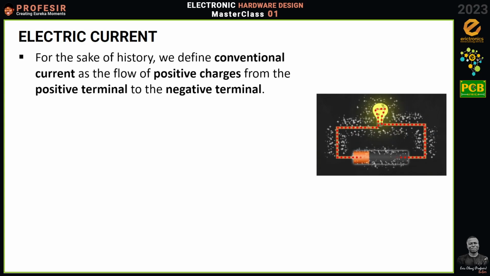And over the years, that's what they used. Technically, it doesn't change anything to try to correct the fact that electrons are rather moving, so we decided to go with it and call that conventional current.